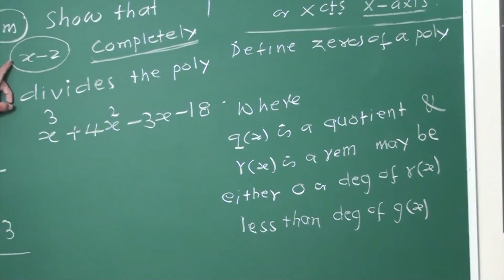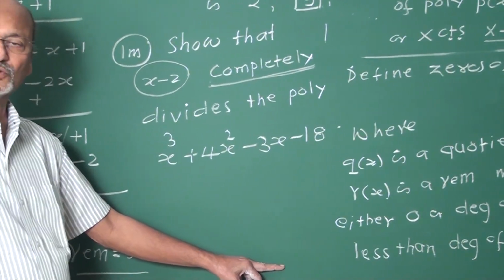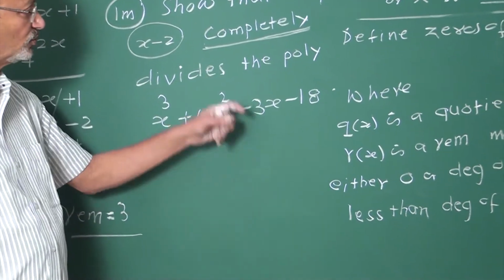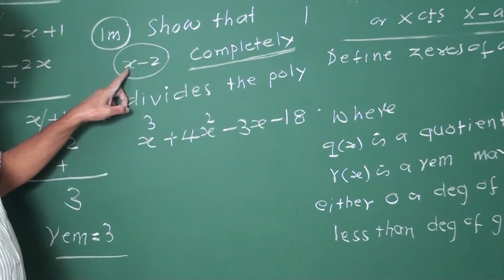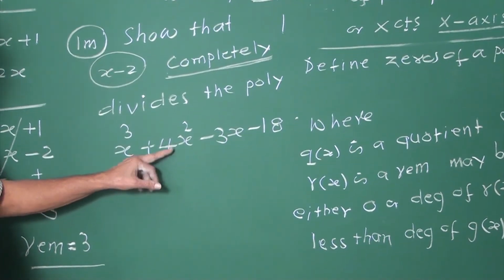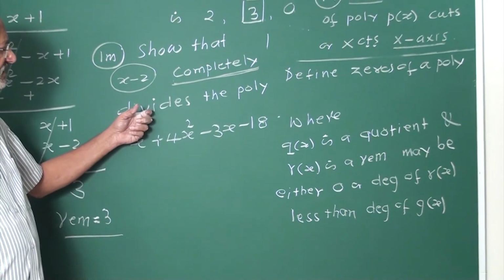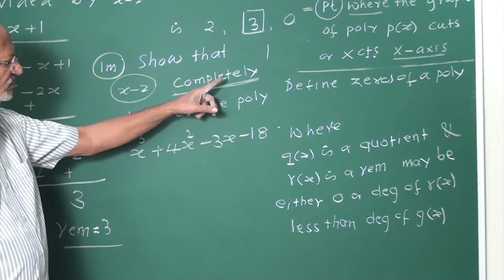Then, dividing this by x minus 2, you get the remainder 0. And then you have to mention, when the remainder is 0, this shows that x minus 2 completely divides the given polynomial. This is the meaning, my friends. Sometimes they give just to bring your observation.